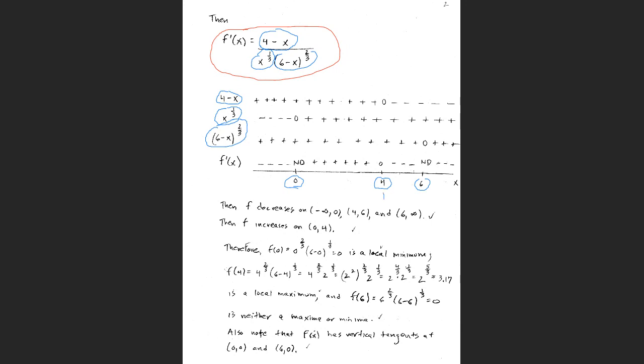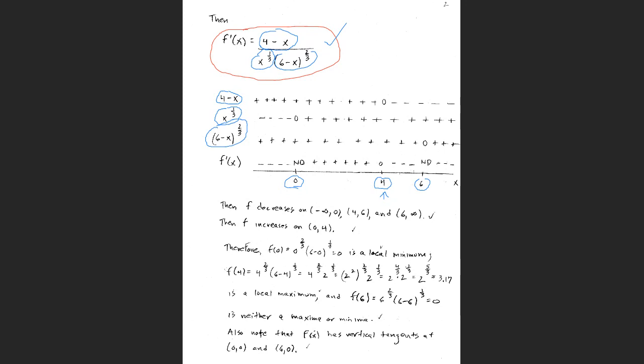So for my x-axis, I put 4 there. Why would I put 4 on the chart? That's right, Nicholas. It makes the derivative equal to 0. The numerator will be 0 when x equals 4. Okay, what about x equals 0?